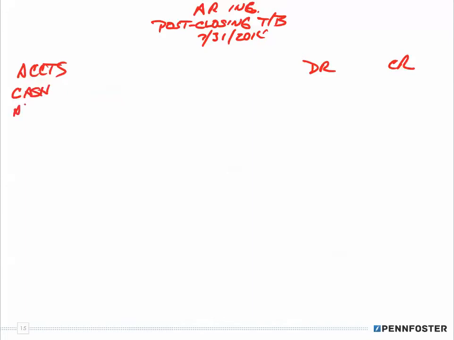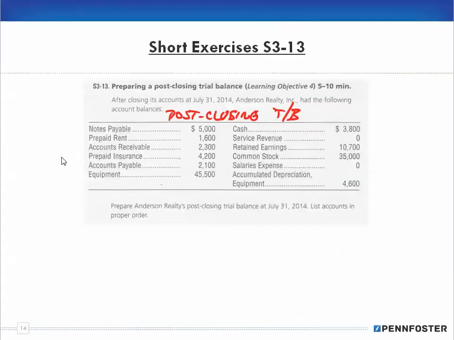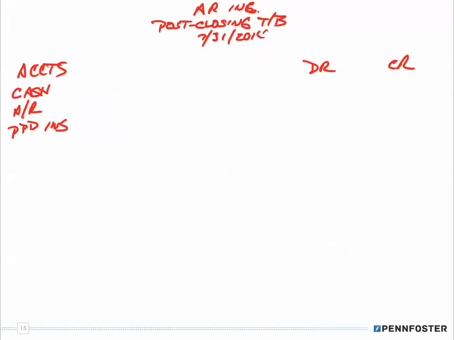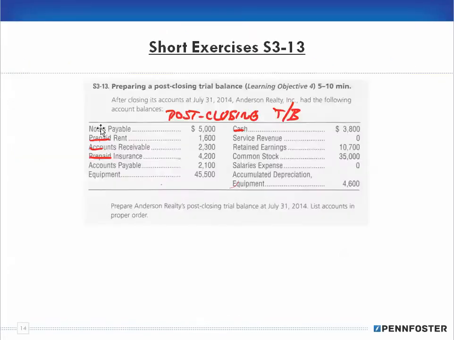So I have cash, I have accounts receivable, prepaid insurance, and a prepaid rent account. Again, I'm just abbreviating here. You would write out everything and make sure you're using capitalization.